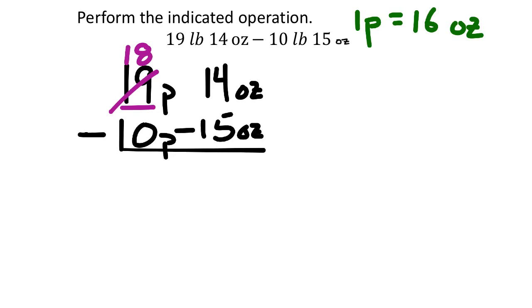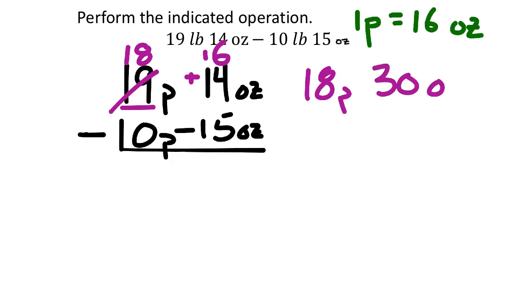But how many ounces make a pound? Well, we see 1 pound is 16 ounces. So I'm going to add 16 ounces to the 14, making this 18 pounds, 30 ounces. Now, again, if this was an answer, it would be considered informal or unsimplified. But since I'm just operating with it, it's okay right now.